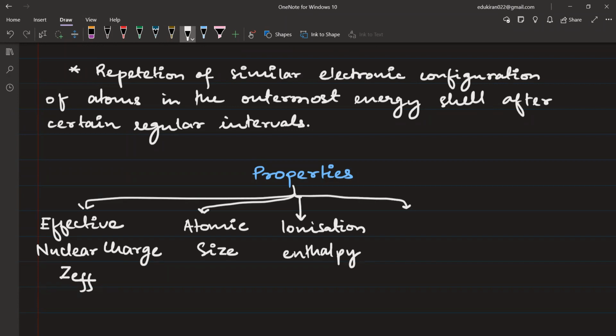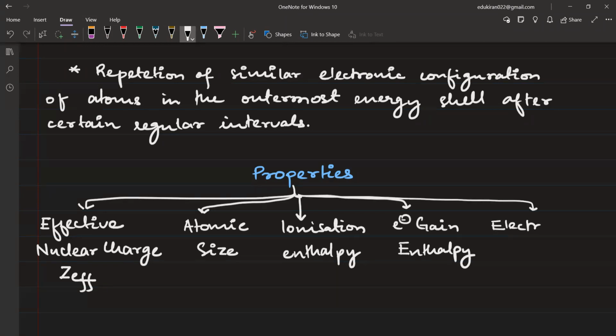Then we have electron gain enthalpy. And at last, we will learn about electronegativity. So see, this effective nuclear charge is going to judge all of the other properties.